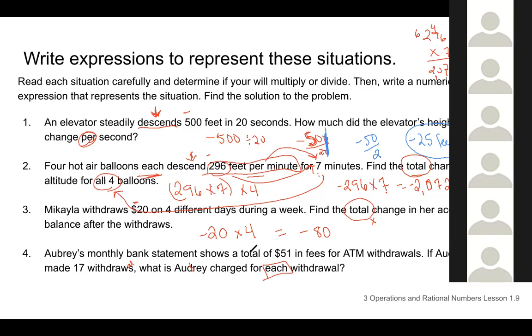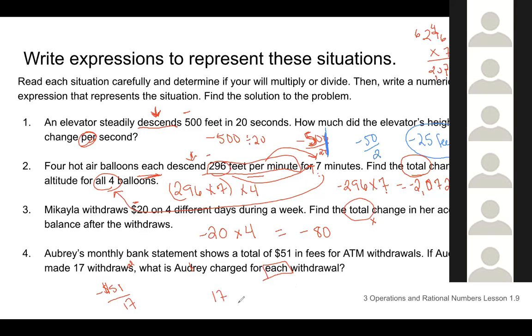Okay. So $51 of withdrawals, so that should be a negative $51. And he made 17 withdrawals, so I could divide 51 by 17.